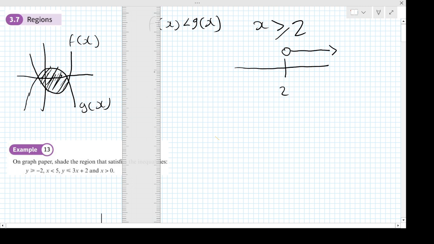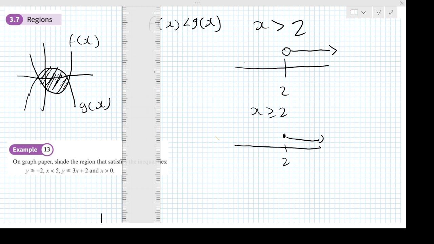If it was equal to, it would look like this. But it's strictly greater than 2, so it's a strict inequality. So we do not fill in the circle. However, if we did x greater than or equal to 2, well then instead we would fill in the circle, because that indicates we want to include 2.